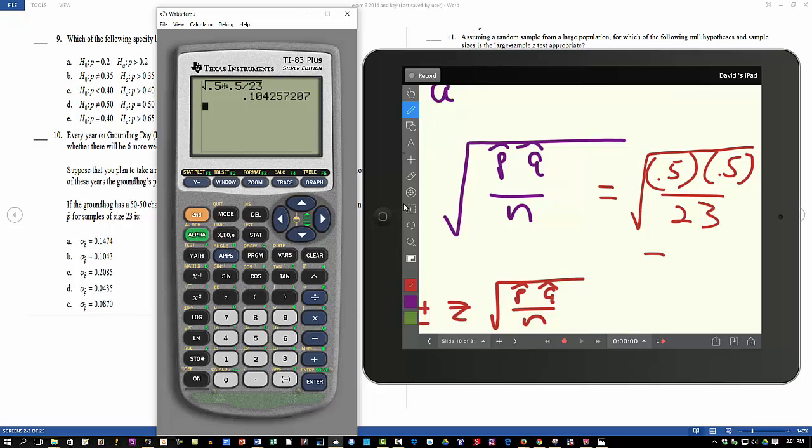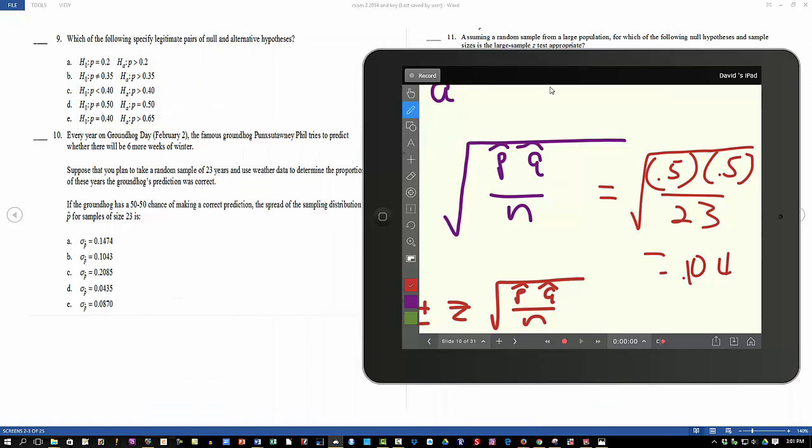And of course that all comes out to be about 0.104, and 0.1043, we can go even further. That's option B on number 10.